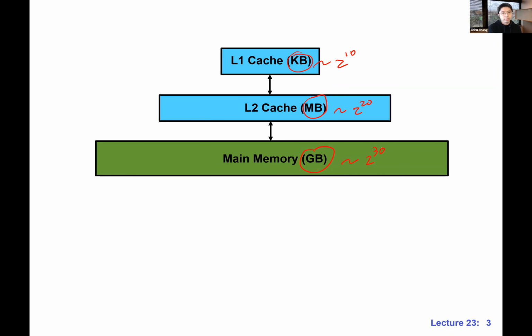So far, we have been making some assumptions to simplify our discussion. We have been assuming that all the data our program needs can fit in this physical main memory, which has, let's say, 16 or 32 gigabytes if you look at your current computer, or up to hundreds of gigabytes of capacity.